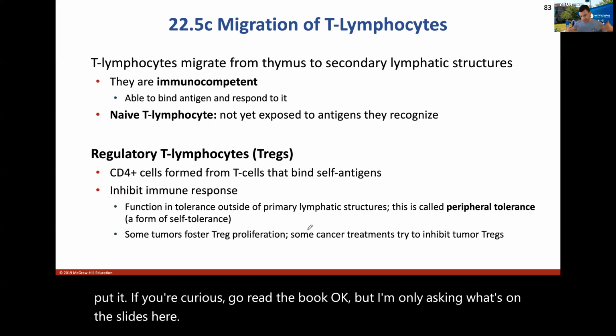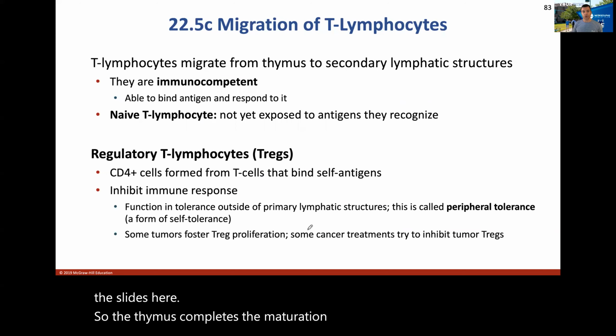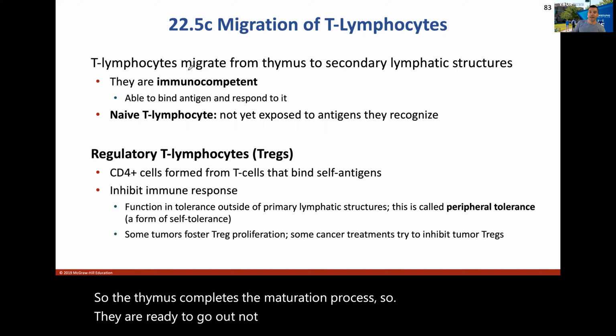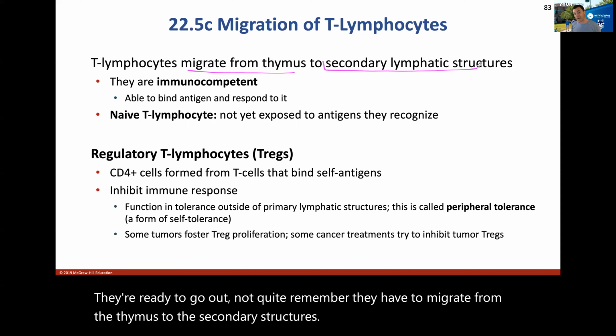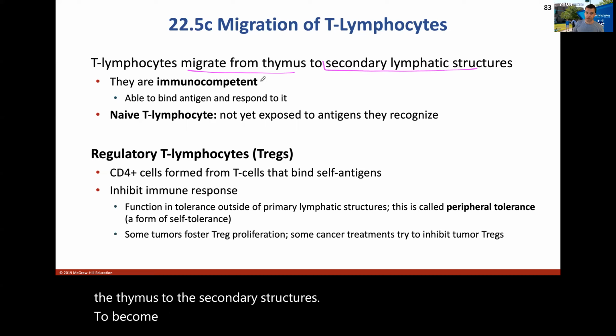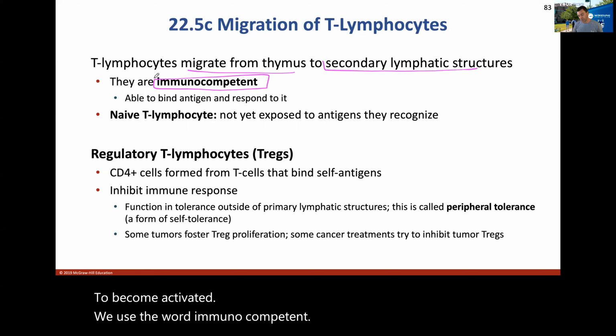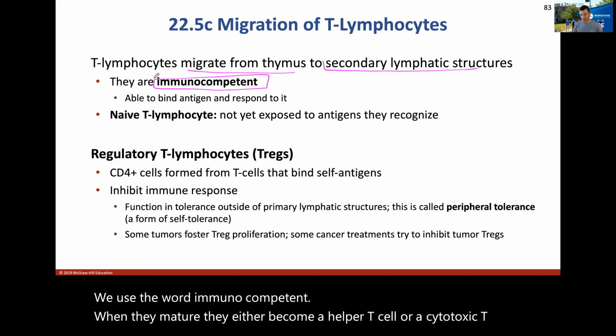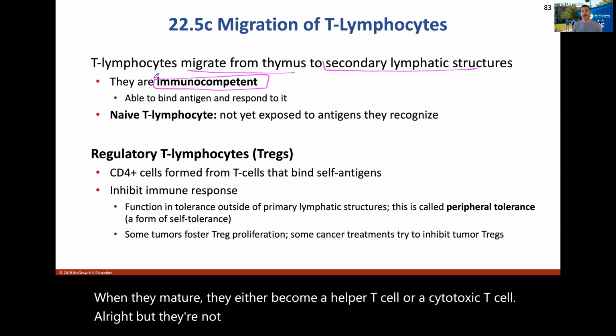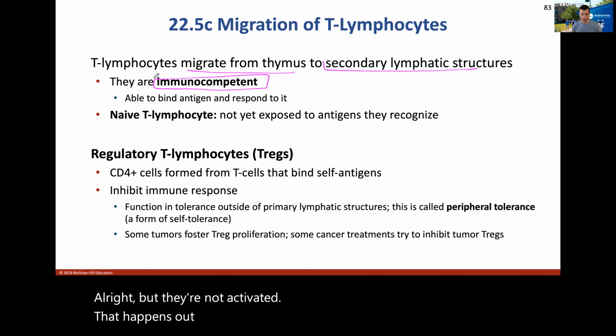So the thymus completes the maturation process. So they're ready to go out? Not quite. Remember, they have to migrate from the thymus to the secondary structures to become activated. We use the word immunocompetent. When they mature, they either become a helper T cell or a cytotoxic T cell, but they're not activated. That happens out in the secondary structures, the tonsils, the lymph nodes, the spleen.